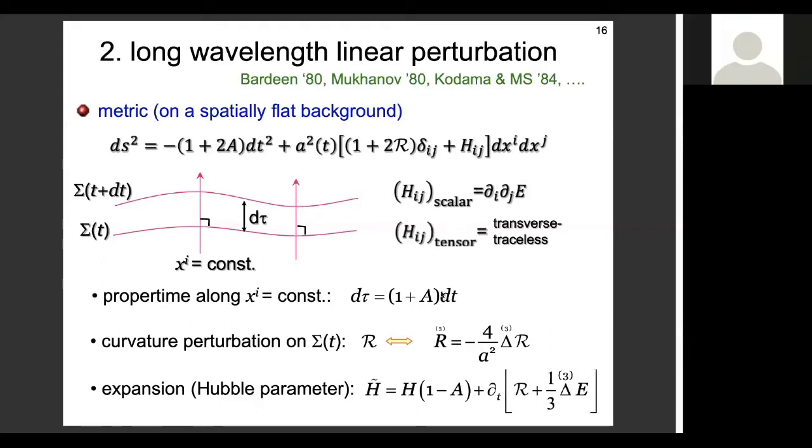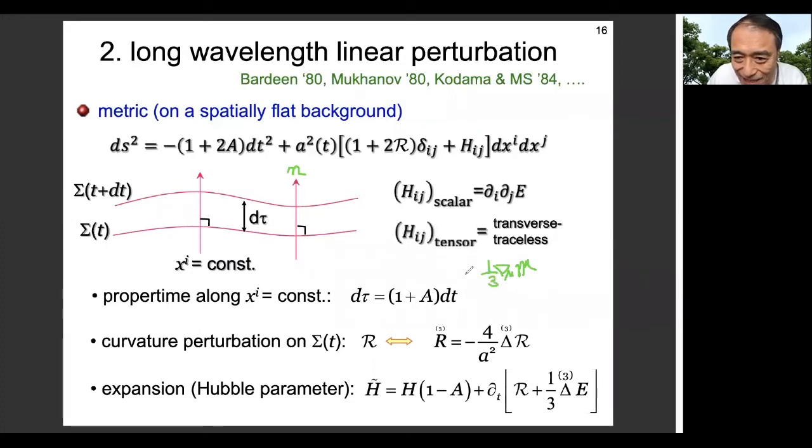Okay. Excuse me. Yes? Is the last equation the definition of the left-hand side? Mm-hmm. It's the tilde, you mean? Yes, is this just the definition? This is the definition, the expansion of this normal vector. So if I write it down, if this is the vector n, it's the divergence of n divided by 3, I guess.